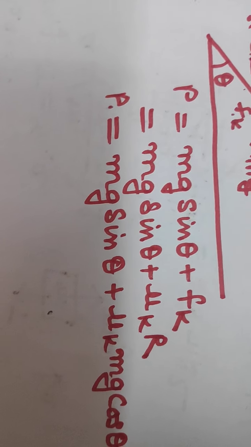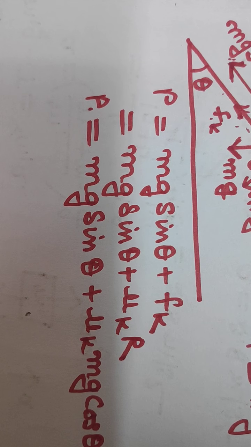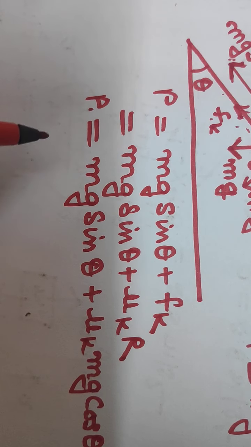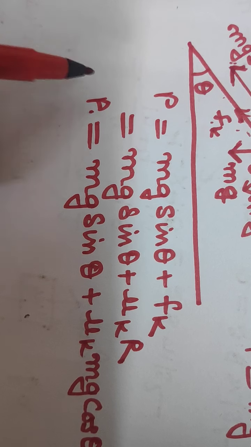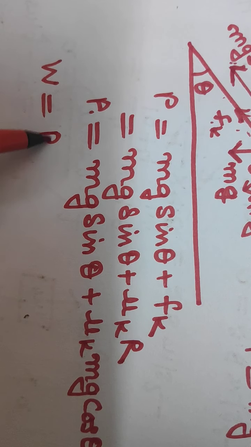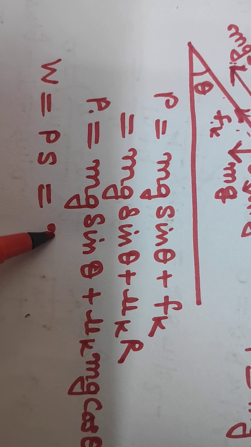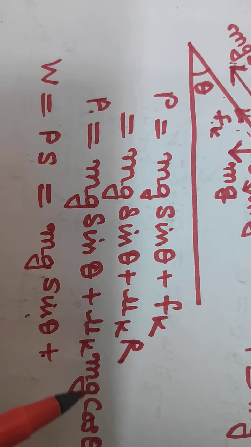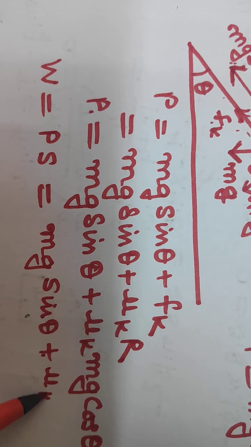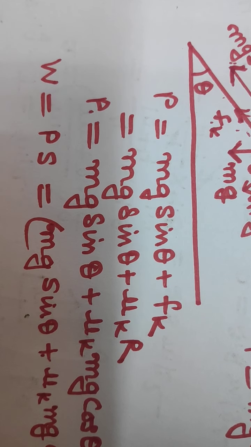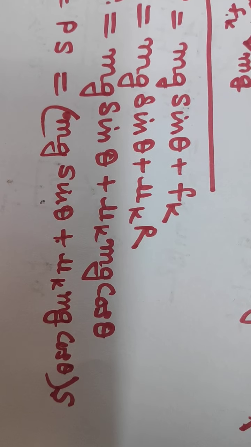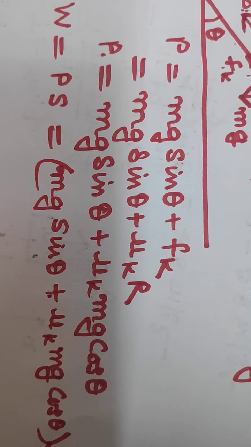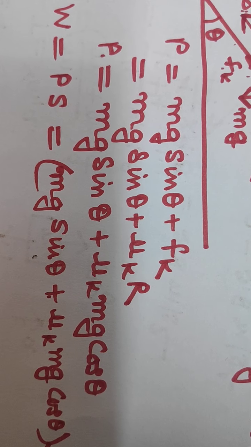This is the external force P. Now work done in pulling the body through distance S will be W equal to P into S, that is mg sin theta plus mu k mg cos theta into S. This is the work on an inclined plane.